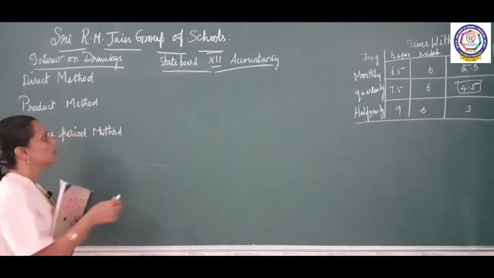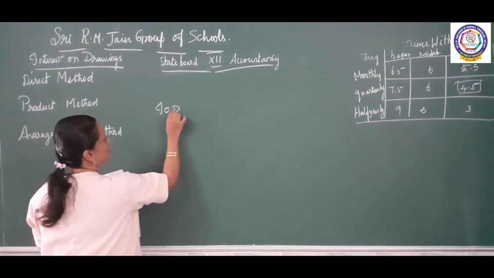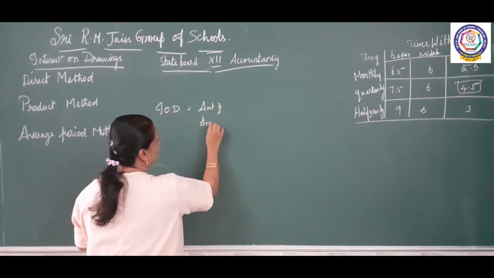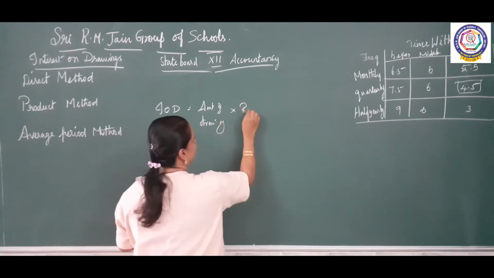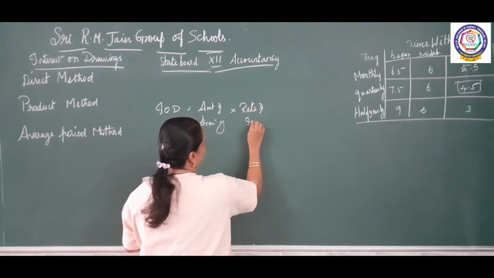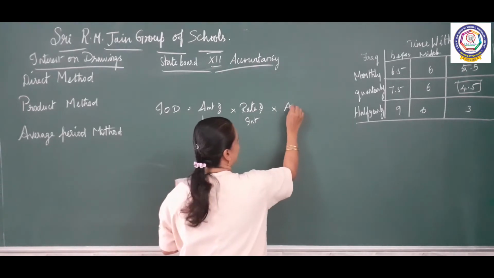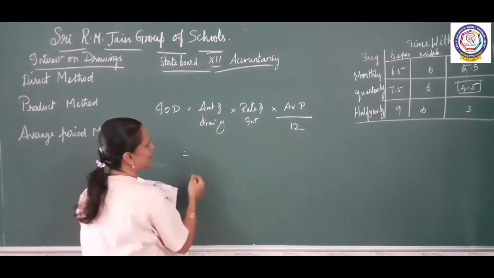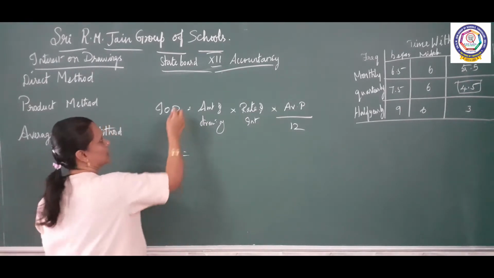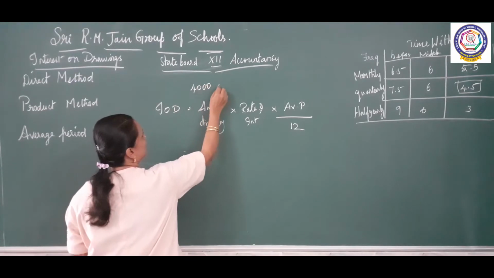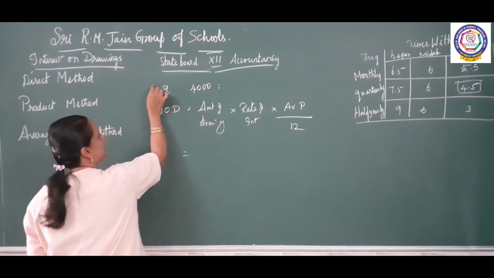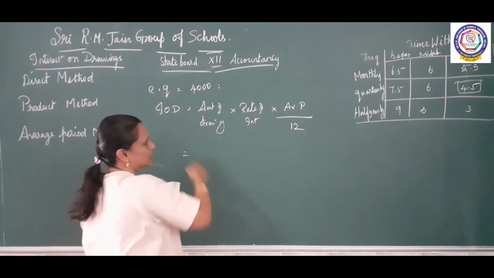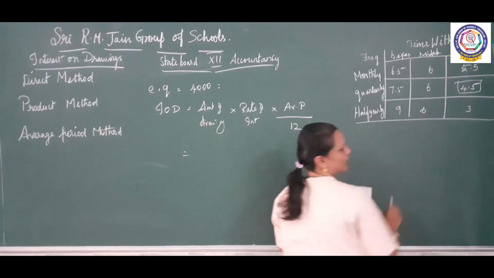First we have to write the formula. Interest on drawing equals amount of drawing into rate of interest into average period divided by 12. This is the formula, do you remember that? The amount of drawing, 4,000, they have given at the end of every quarter. So in the sense, what we should do now, 4.5 we have to take.